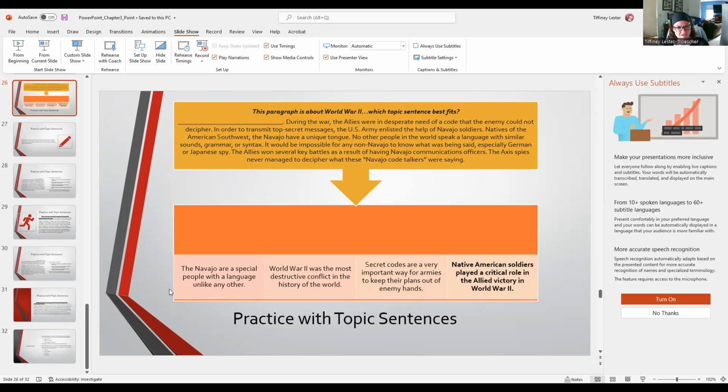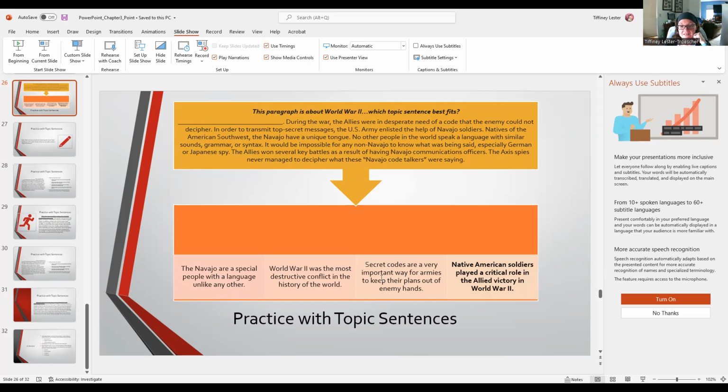So that first version about the Navajo touched on part of what was in the paragraph. And this one about secret codes, keeping them out of enemy hands, is another element of the paragraph, but each one by themselves would not be a good topic sentence because this paragraph was about more than just the Navajo having a special language, and it was about more than just how secret codes can be useful.